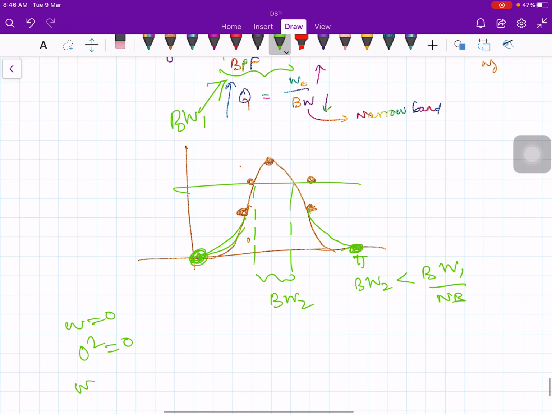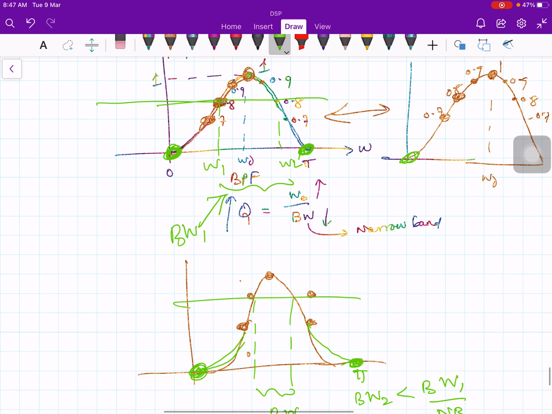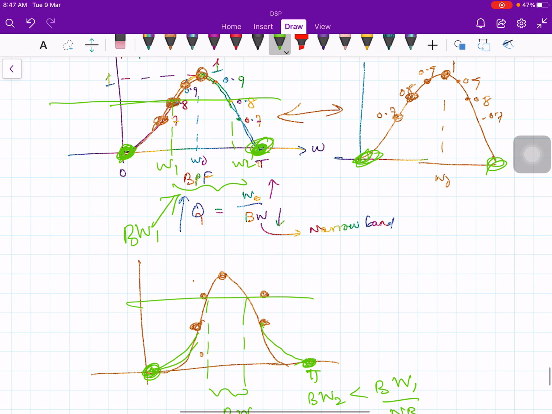At omega equal to pi, again 0 squared is 0. So this point, this point, this point and this point will not change, they remain the same. But all others come down if you cascade a number of such filters. You can get a characteristic like this.